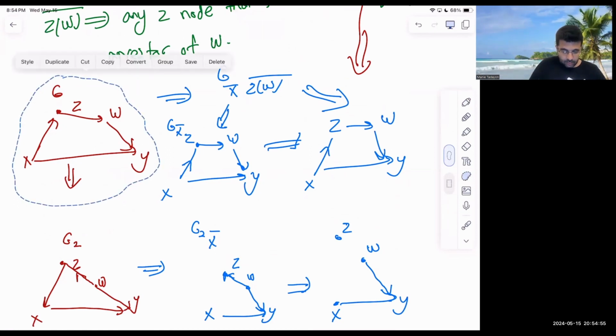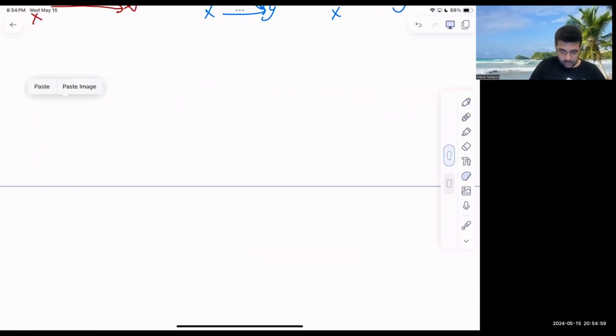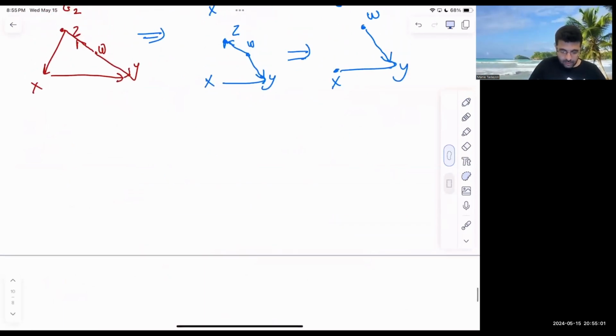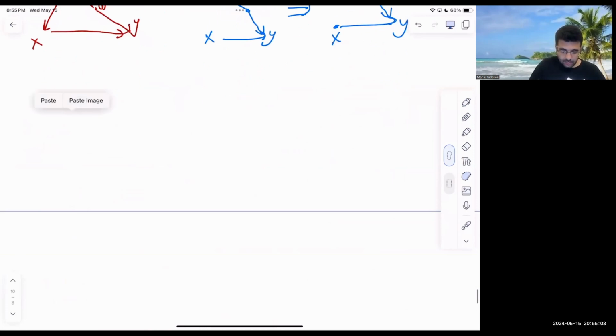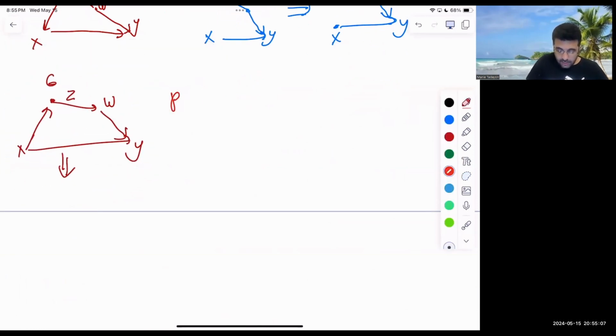I think this one is a good one, and I set it here. Let me see if I want to start with that one. Yeah, I start with this one. Why not? All right. So I start with this one: P of Y, do X, and do Z and W. What's that going to be equal to?